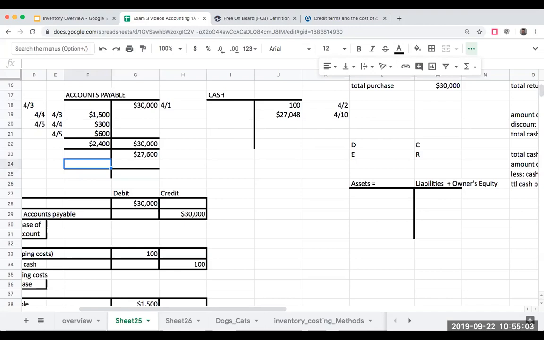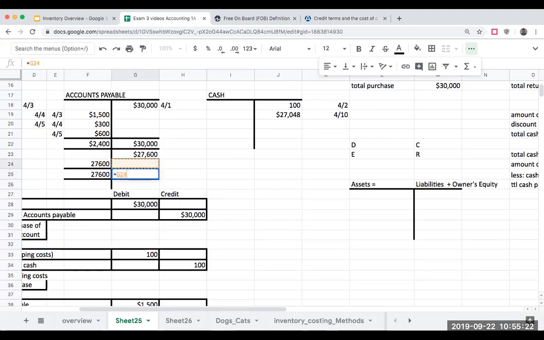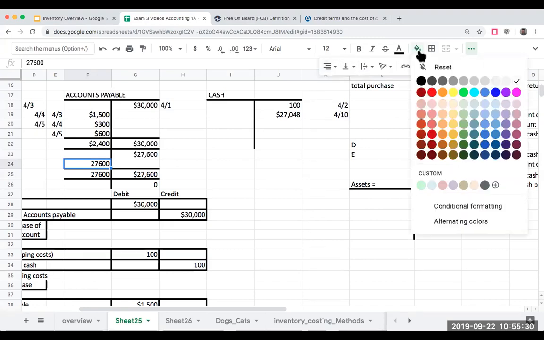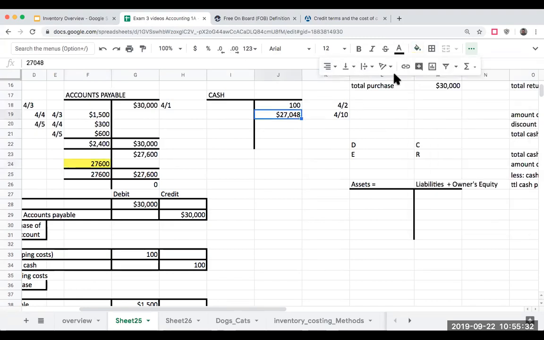So when I'm dealing with a discount, and if I'm taking it properly within that time period, I'm going to be debiting accounts payable for the entire thing. So when I debit accounts payable for the entire amount, my balance in accounts payable now needs to be 0, which it is right here.